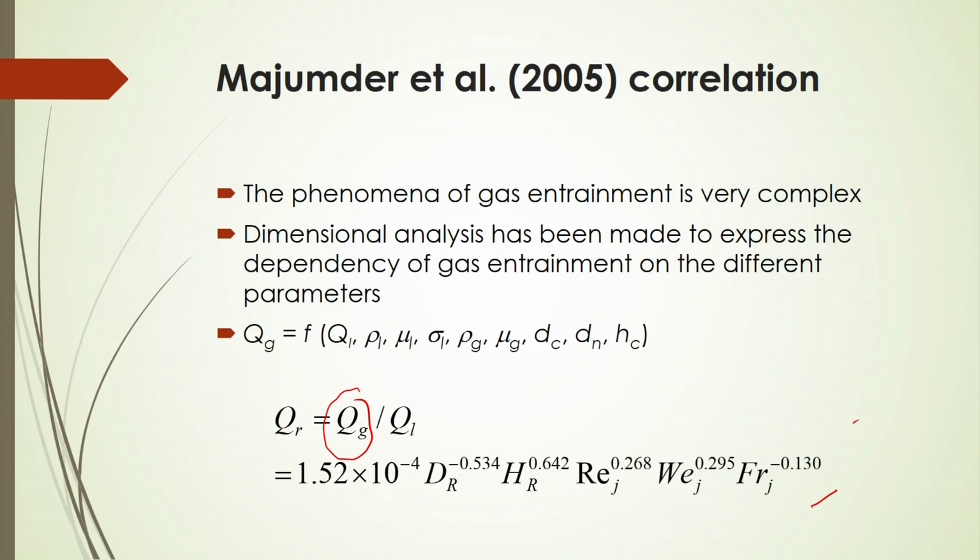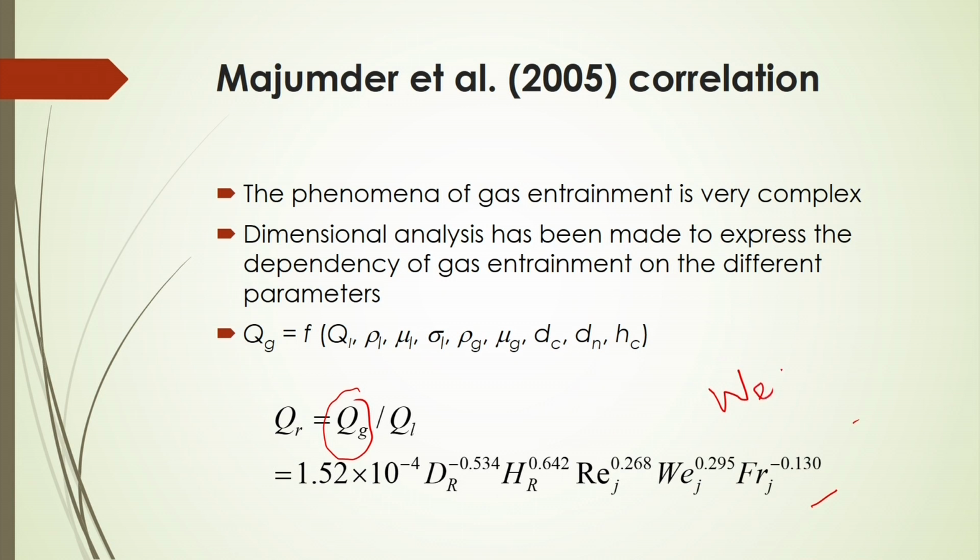Another important factor is the Weber number of the jet. This Weber number is basically rho u square d by sigma, where rho is the density of the liquid, u is the jet velocity, and dj, the jet diameter, should be considered here.